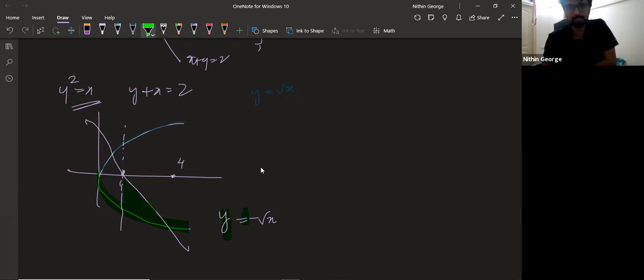This region here, you'll find it by integrating from 1 to 4 the line, which is 2 minus x, minus the curve. The curve is y equal to minus root x. Understanding? That will give me this area.